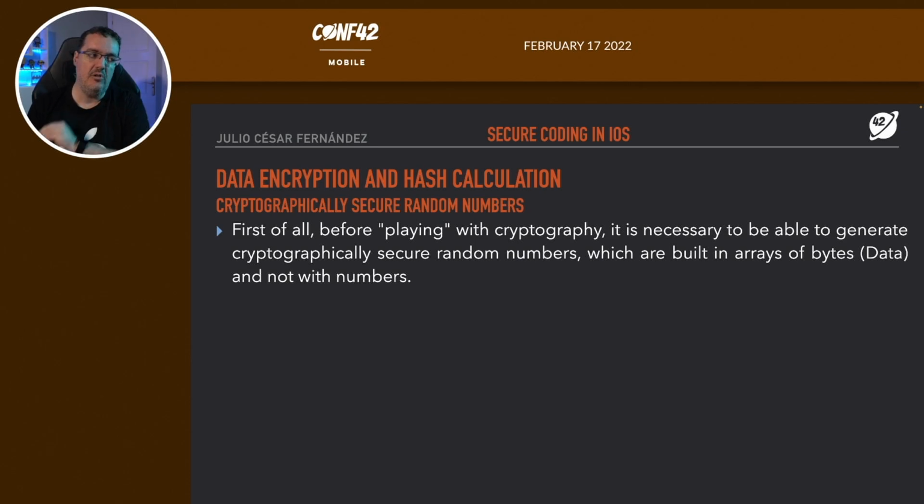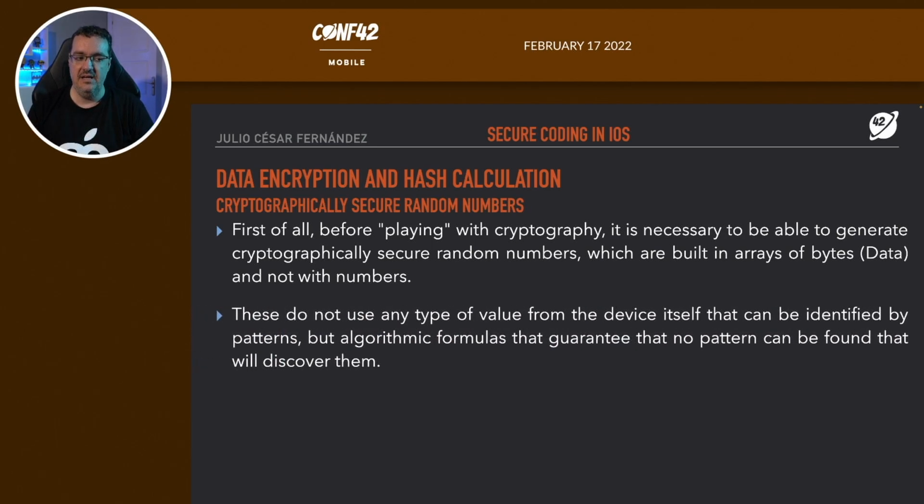First of all, before playing with cryptography, it is necessary to be able to generate random numbers, but secure random numbers, cryptographically strong random numbers, which are built in arrays of bytes in a data type and not with numbers.